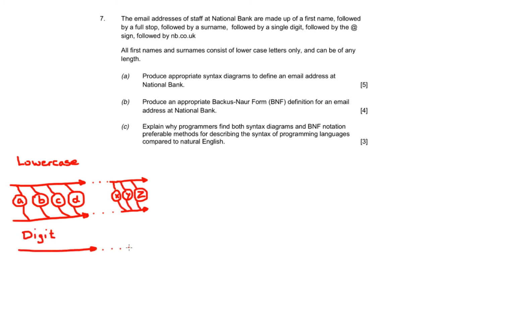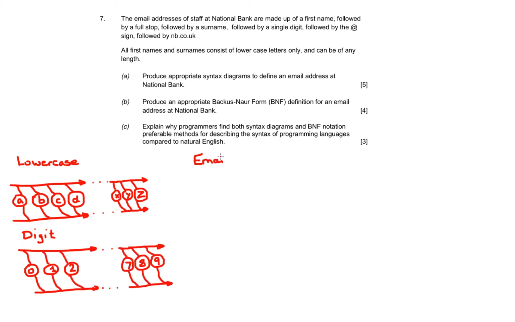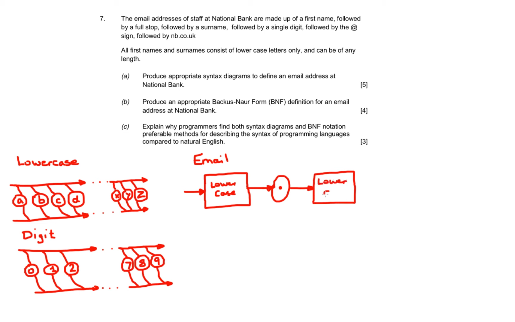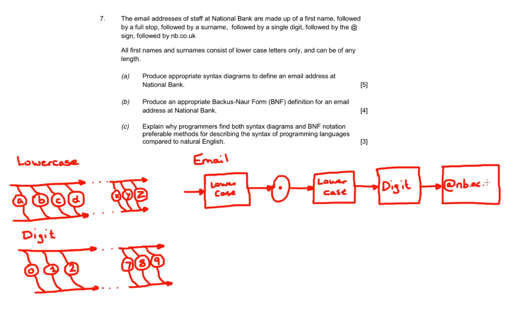My digit is very similar, but the terminals are replaced with digits instead of letters, and that is what I need for my setup. In my email address rule, I'll have a lowercase non-terminal, followed by a terminal of a full stop, followed by a lowercase non-terminal, followed by a single digit, followed by @nb.co.uk.